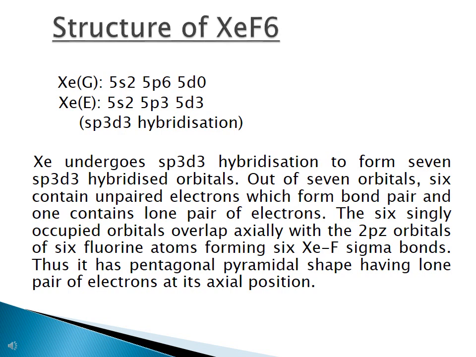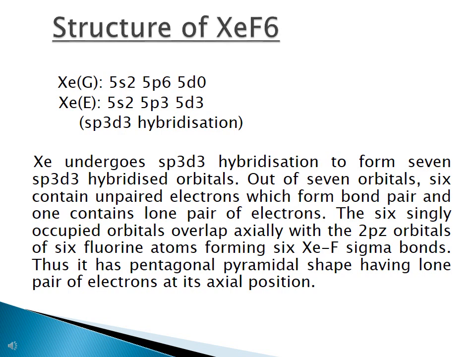In the ground state, the electronic configuration of xenon is 5s2, 5p6 and 5d0. In the excited state, it has the configuration 5s2, 5p3, 5d3. It undergoes sp3d3 hybridization to form 7 sp3d3 hybridized orbitals.